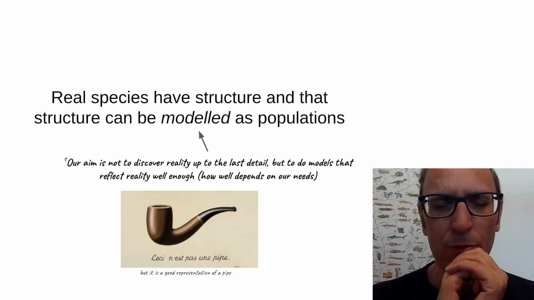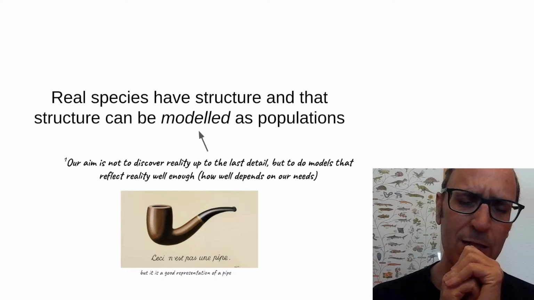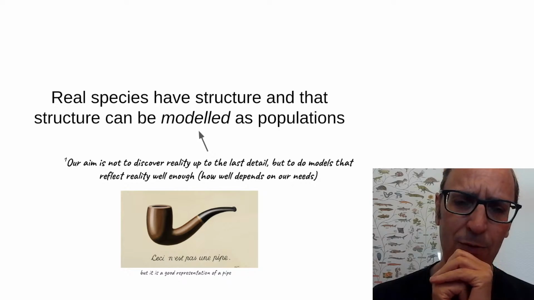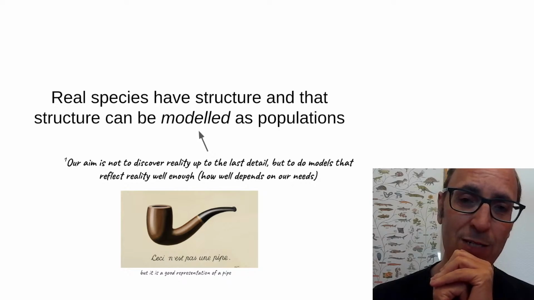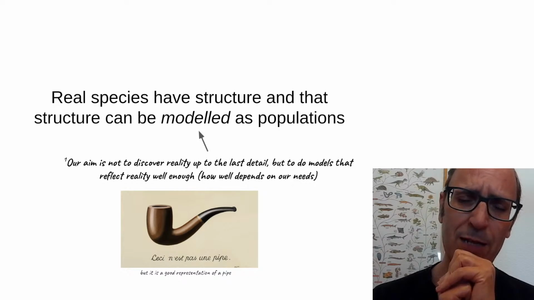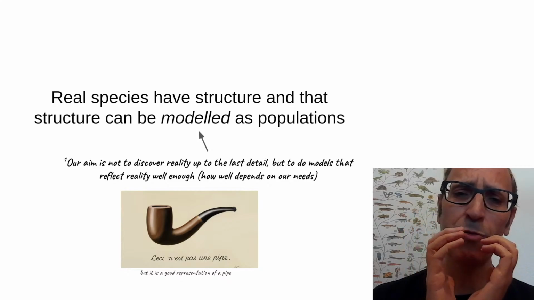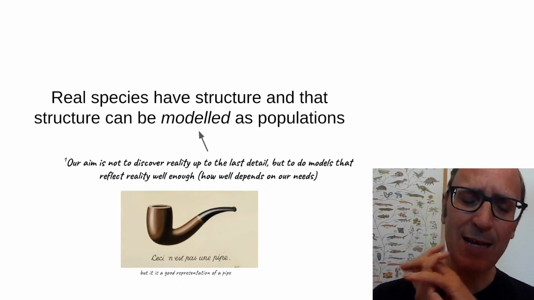When we do a model, again, I talked about this before, but just to finish, I want to reiterate the idea. When we do a model, like for instance a collection of populations, we are not trying to define every detail of reality. For that, we already have that reality. What we are trying to do is understand what is going on.